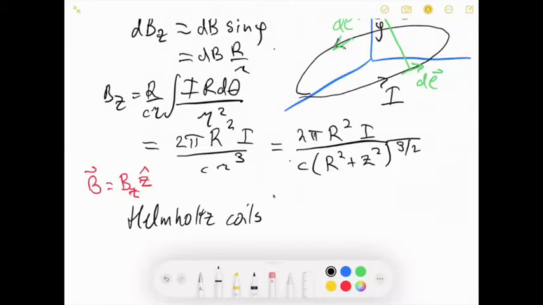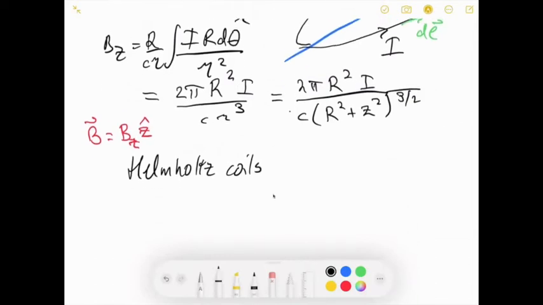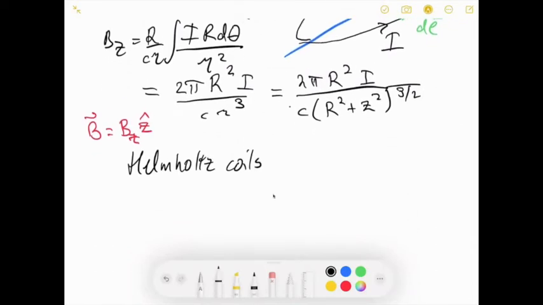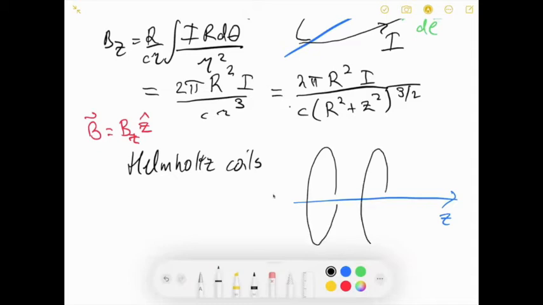So for Helmholtz coils, we usually set these up a little bit differently. We set up the Z-axis in this direction. So that means that we're setting up 2 coils, and they both have a radius R, and they have a current that flows in the same direction.